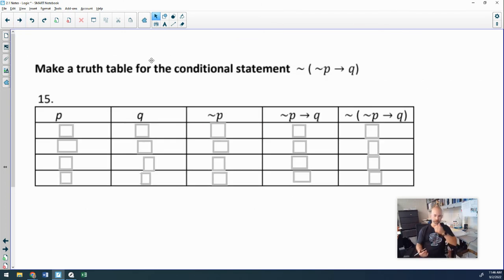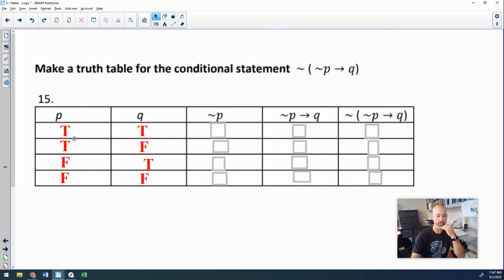Now a truth table again, a more complicated truth table. The original true and false values are the same as what we had earlier.